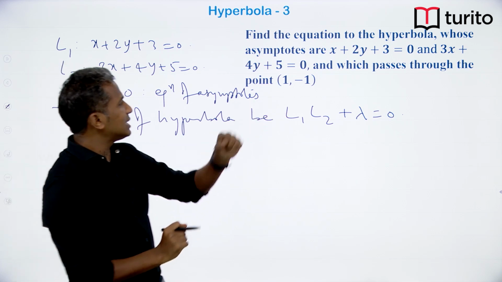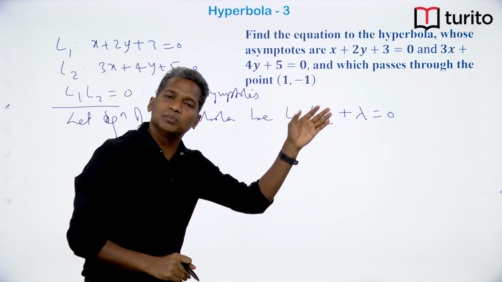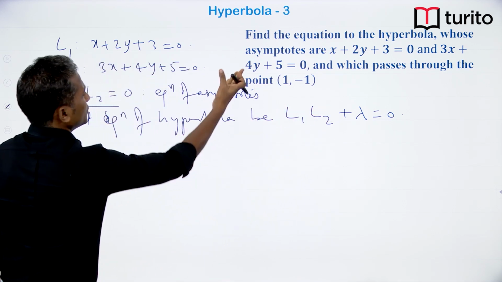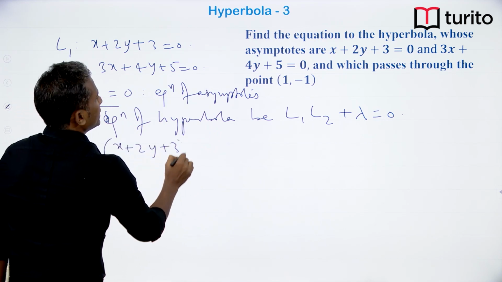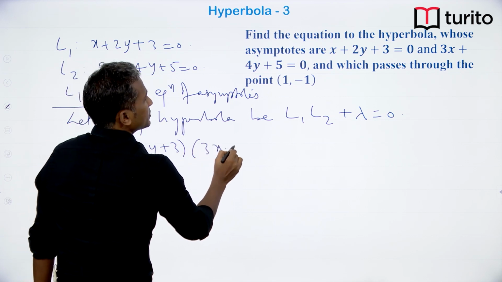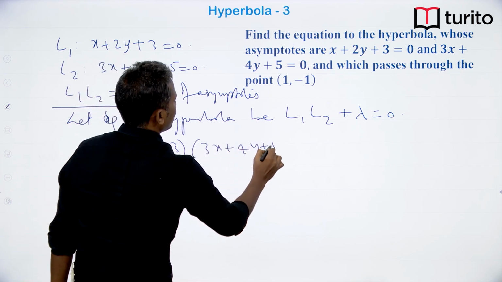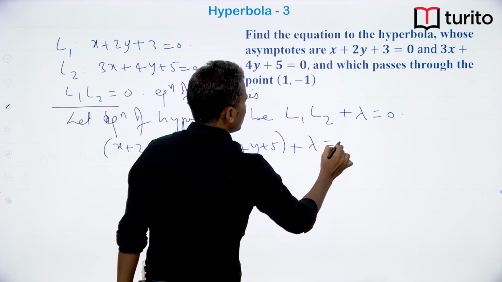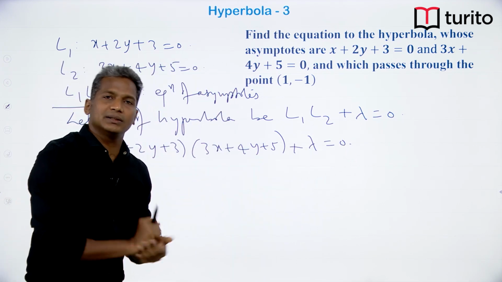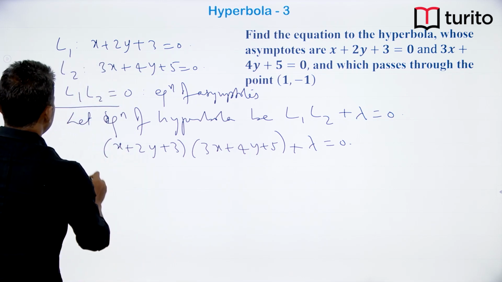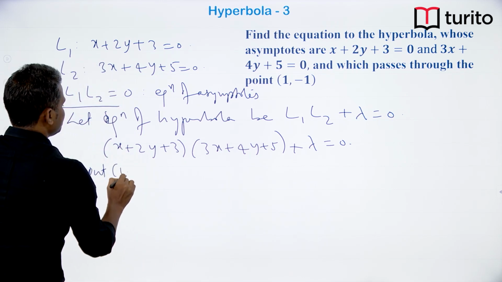Now, how do we get this lambda? By substituting the point. So, if I take (x plus 2y plus 3) into (3x plus 4y plus 5) plus lambda equal to 0, and if I substitute the point (1, minus 1), I should be getting the lambda. So, let me just put 1 comma minus 1.